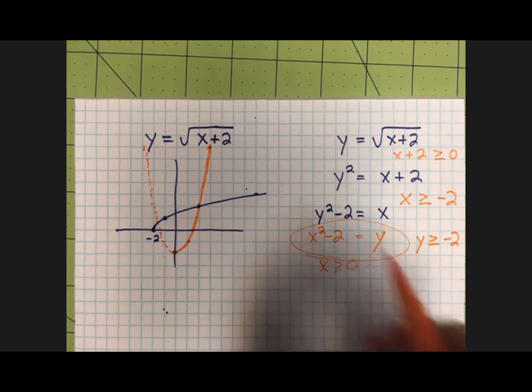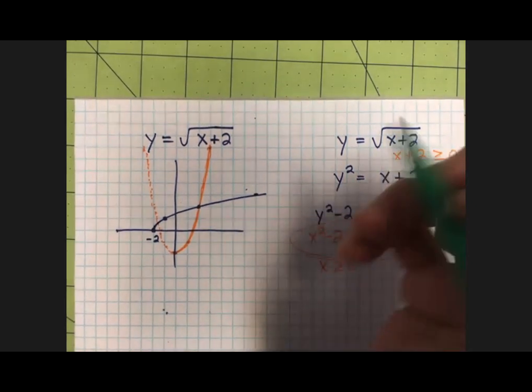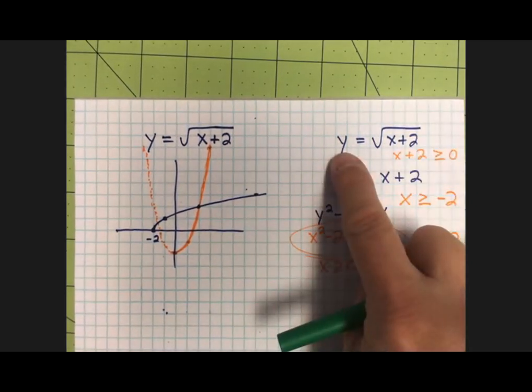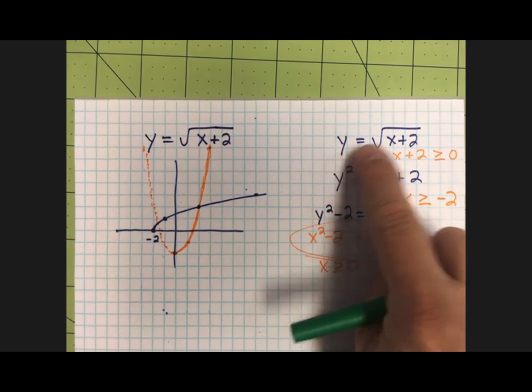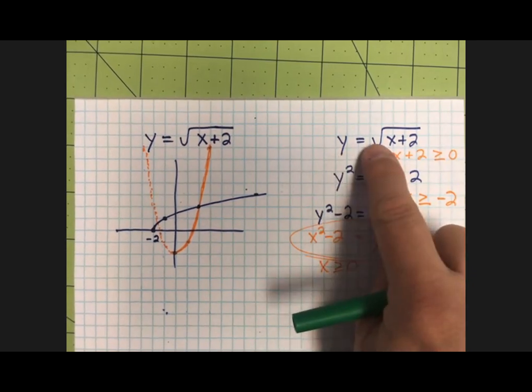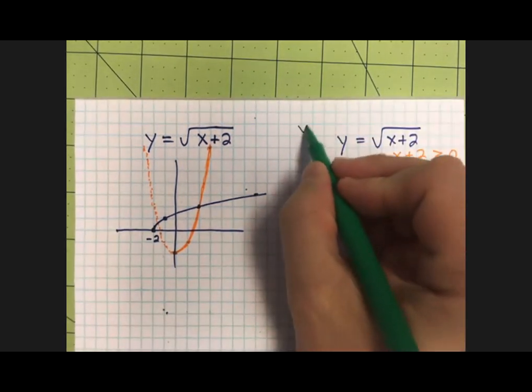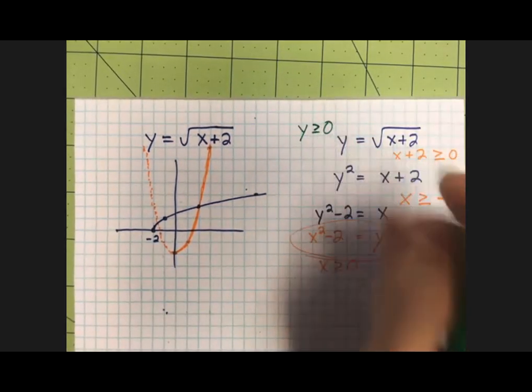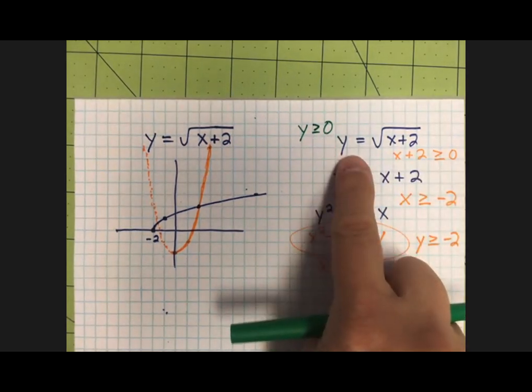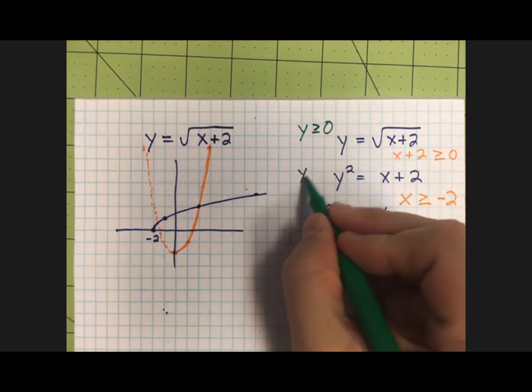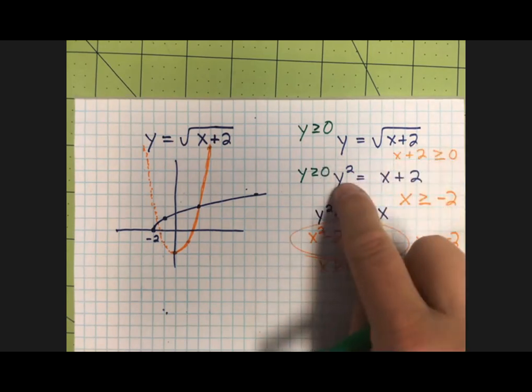But on this side of the equation, what can you say about y? Square roots only spit out positive numbers, right? Sometimes they spit out 0. So on this side of the equation, you have to say y is greater than or equal to 0. Yes. y is still greater than or equal to 0 if I square both sides.